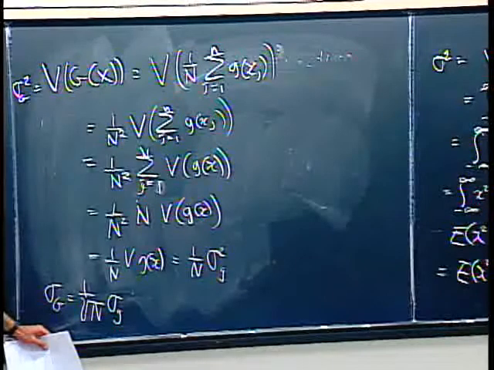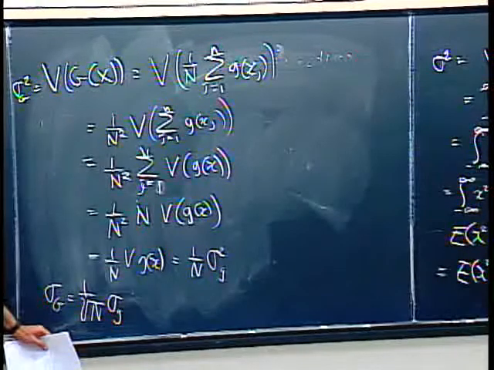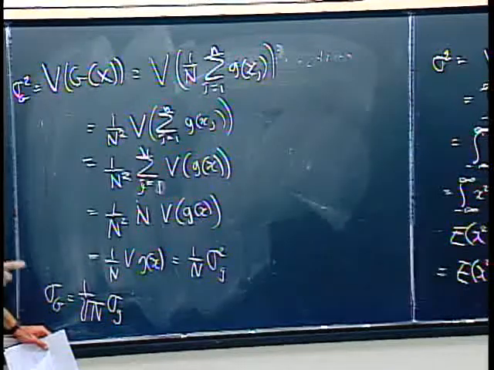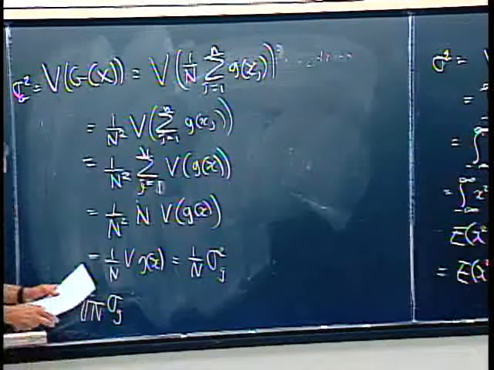I'm sorry, the variance is a quarter. The standard deviation is a half. If I flip it 4 times, I can make it a quarter. If I flip it 16 times, I could decrease by another factor of 2. So say you want to get your error to be 100 times smaller. You have to try 10,000 times as many trials, because it's the square root of that 10,000 that's going to give you the 100.